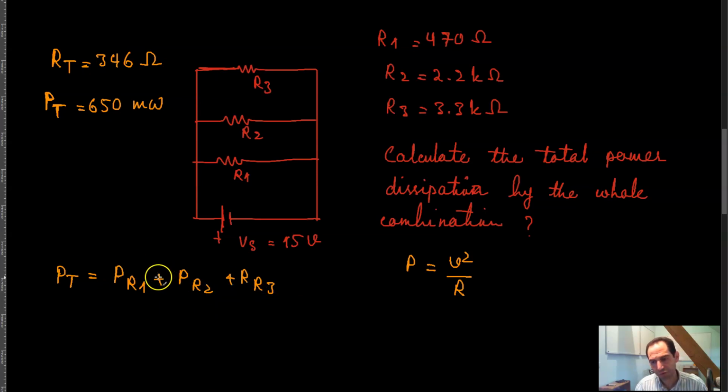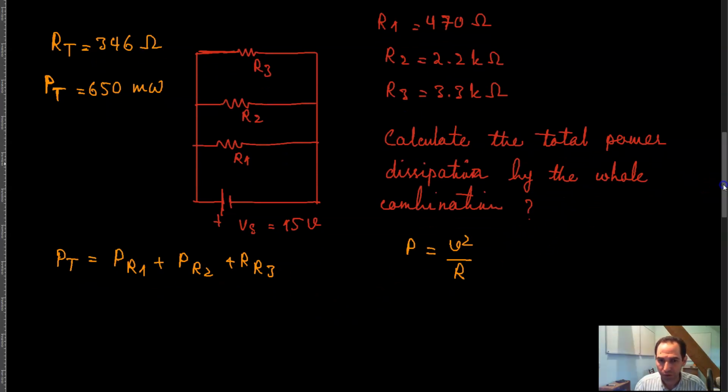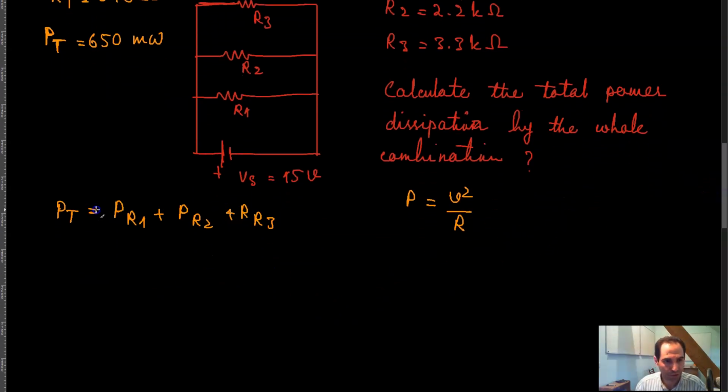Algebra is always your friend if you know how to use it. Sometimes it gets a little bit complicated, but most of the time algebra is a very good tool. So P of R1 we can write as V squared divided by R1, plus V squared divided by R2, plus V squared divided by R3.